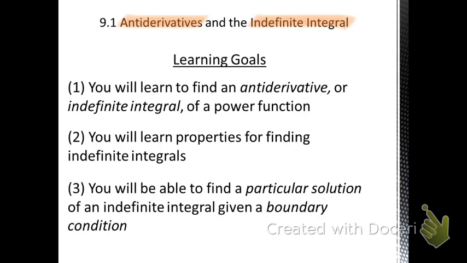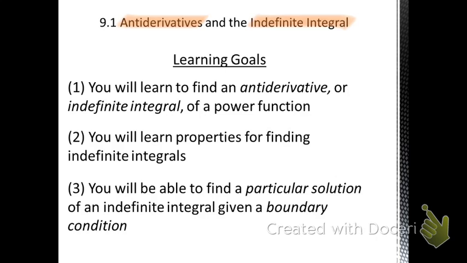We are going to learn three things within this section in a few different videos. We're first going to start off in this video with learning how to find an antiderivative. So you're going to learn what an antiderivative is, and you're going to be able to find the antiderivative of a power function. We won't call it an indefinite integral yet, but again, they are the same thing. Then in the next video, you're going to learn properties for finding indefinite integrals.